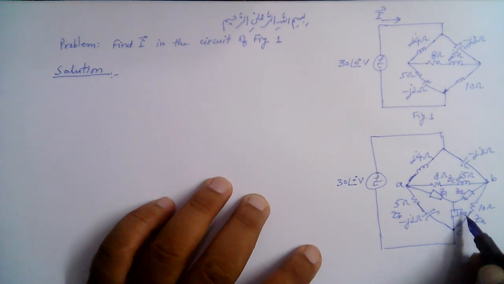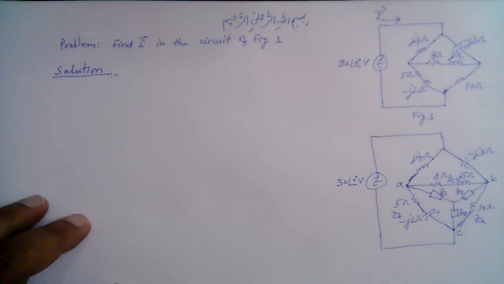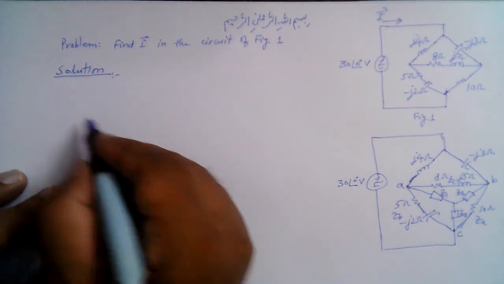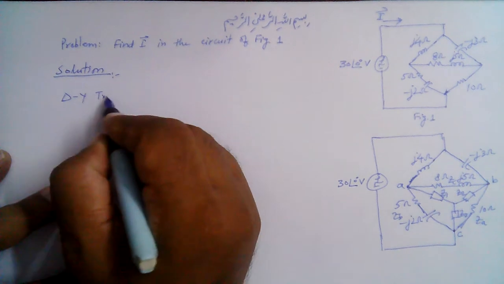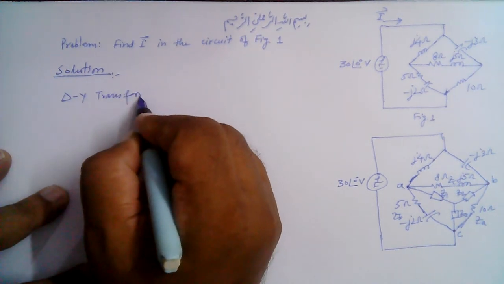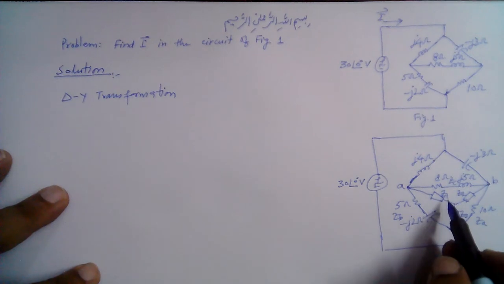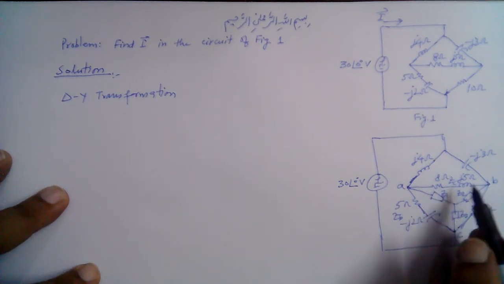This is Z3 here. So the delta-Y transformation is our first step. We need to express Z1 in terms of ZA, ZB, and ZC.